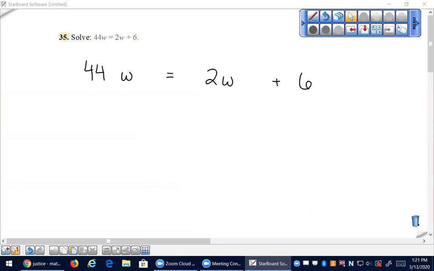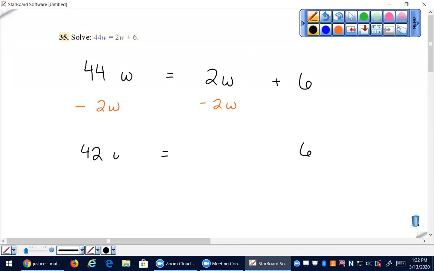So how can I simplify this more complicated side of my scale? The 2W, I can just pick it up and lift it off the scale. And if I do that to one side of the scale, I have to lift it off the other side of the scale too. So then on this side, there's only 6. And if I took away 2 of the W's, how many are left on the heavier side? 42. That's all it is.